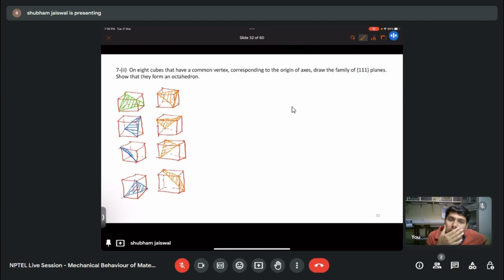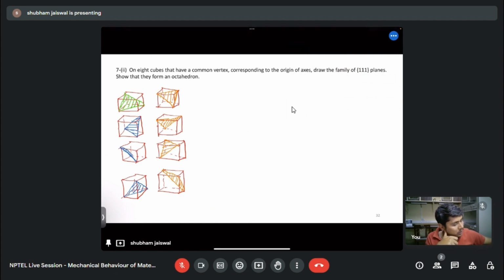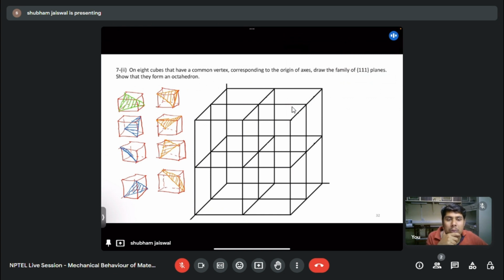Now arrange this in such a way that it will form an octahedron. Any guesses? So let's say this is my 8 cubes.